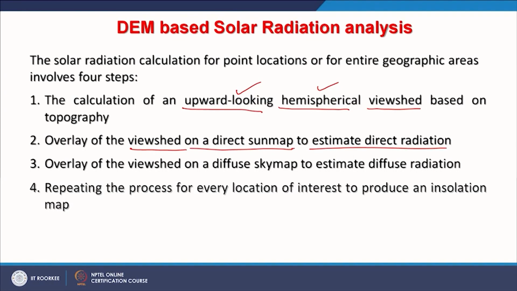And the final step in this solar radiation analysis on a GIS platform is to repeat this process for every location of interest to produce an insolation map. In that way we can estimate the solar energy potential of a location, a particular point or an area.